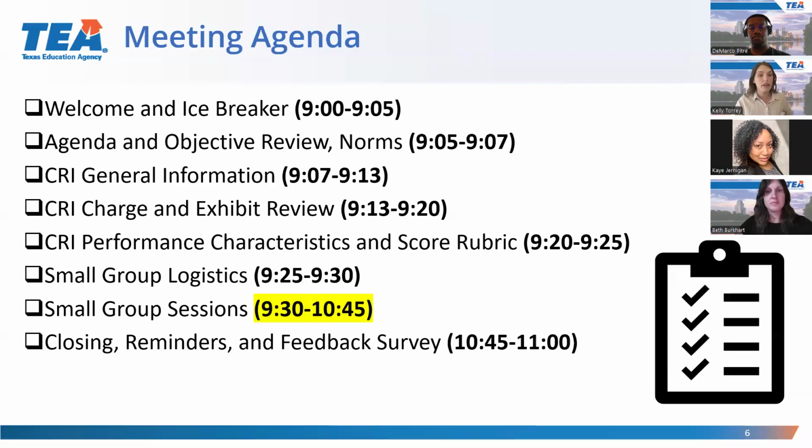The bulk of that time, highlighted in yellow, is spent in those small group spaces, about an hour and 15 minutes, moving in and out of small group spaces. And then in our last 15 minutes, we'll close out with some reminders, and we'll also provide some protected time for you all to complete the feedback survey before you head out this morning.